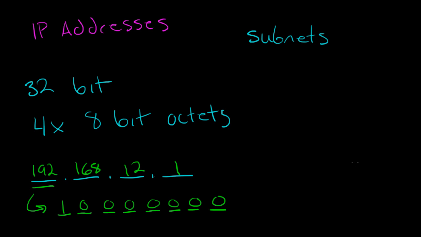Now, what we'll do with this is at some point in the IP address, we'll divide it into 2 sections. And those 2 sections are going to be the network and the host sections.